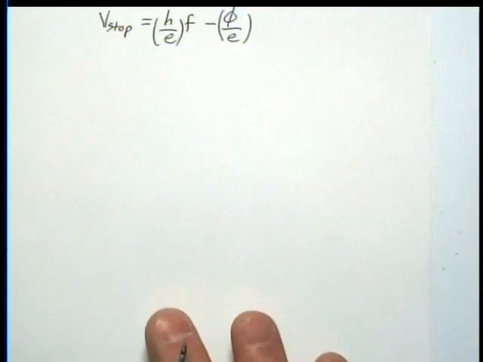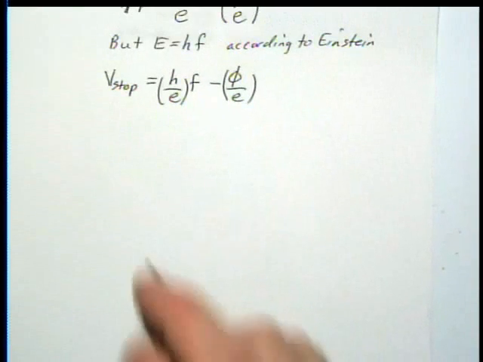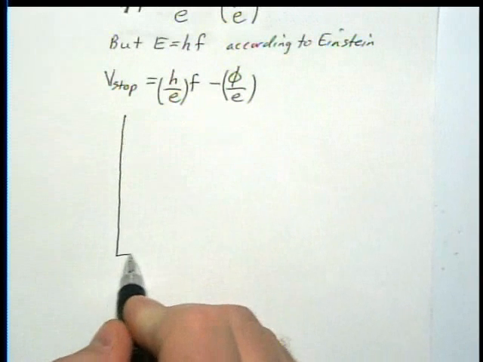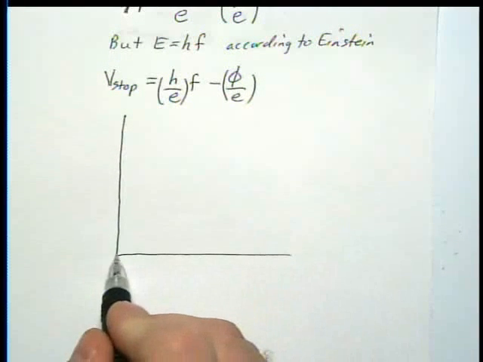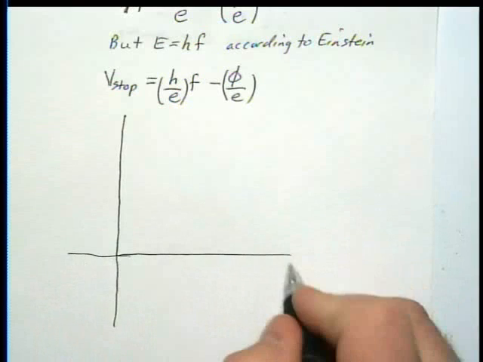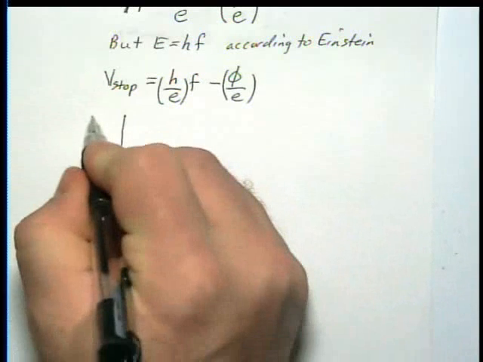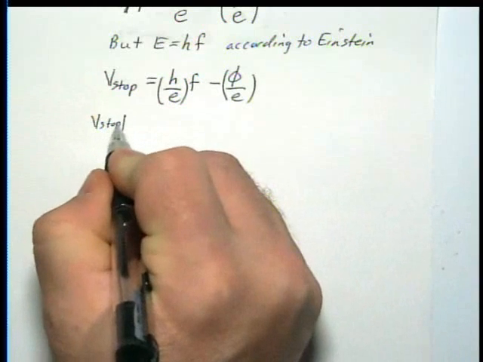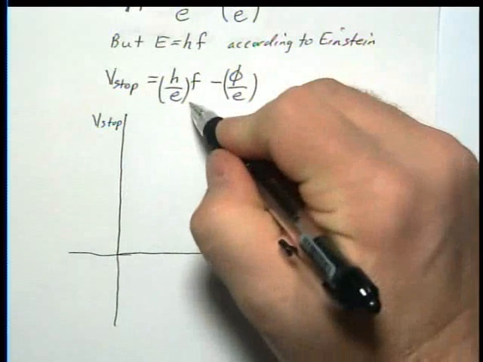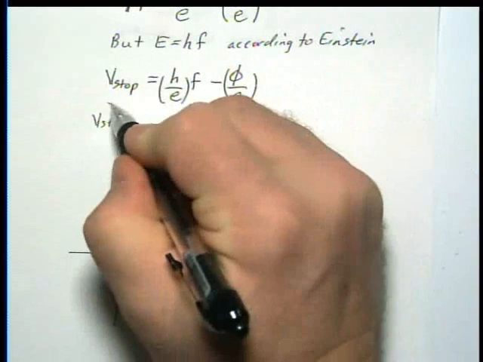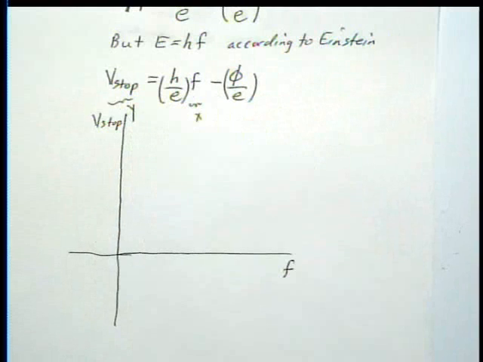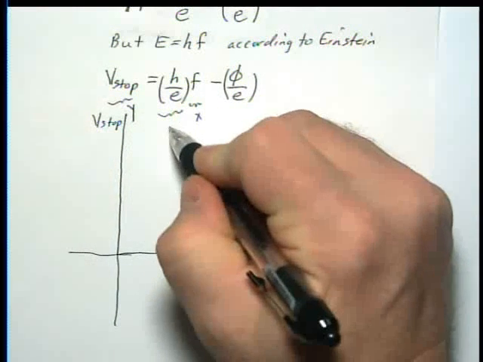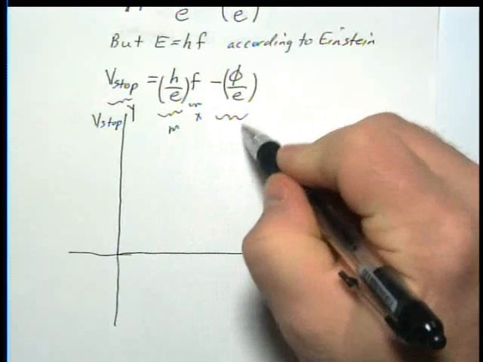And he says, let's plot that. Okay. So there's f, there's V stop. Well, that's like x, that's like y. This is a constant, m. That's b.